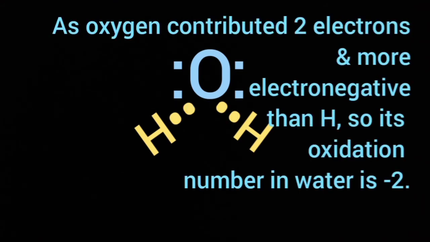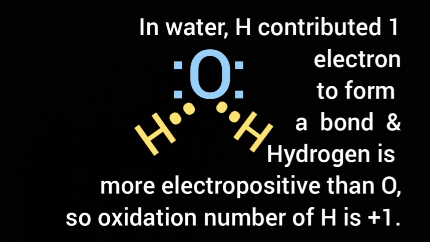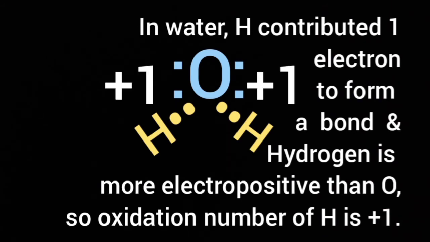As oxygen contributed 2 electrons and it is more electronegative than hydrogen atoms, the oxidation number of oxygen is -2. As each hydrogen atom contributed 1 electron and is electropositive, the oxidation number of each hydrogen is +1.